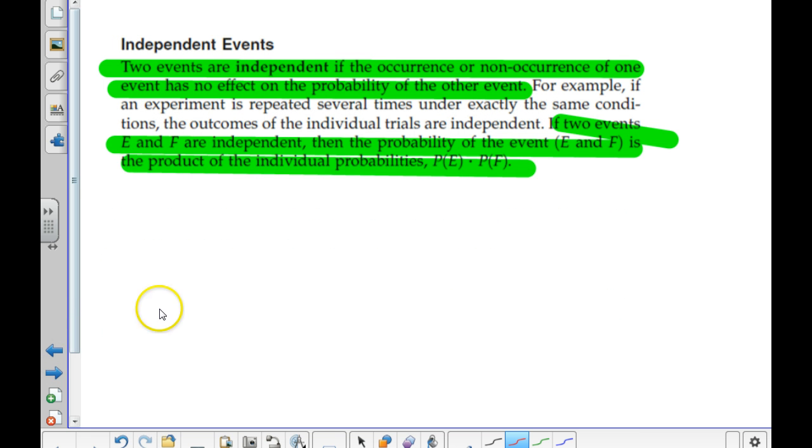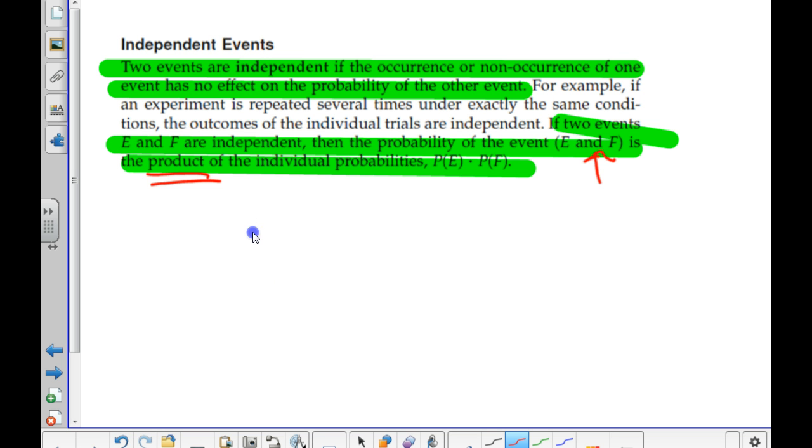All right, independent events. 2 events are independent if the occurrence or non-occurrence of one has no effect on the probability of the other. For example, an experiment is repeated several times under exactly the same conditions. The outcomes of the individual trials are independent. If 2 events are independent, then the probability of the event with an "and" is the product of the 2 separate probabilities.